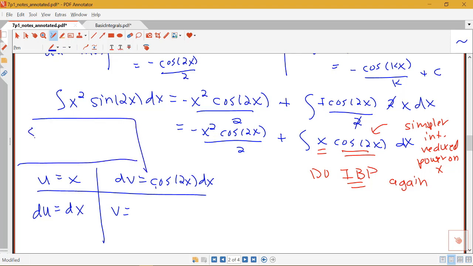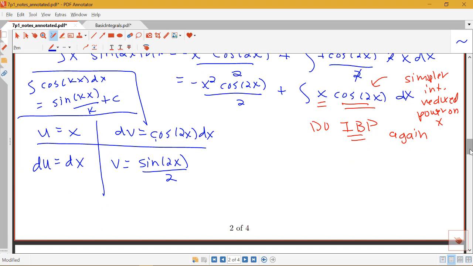Well, the integral of cosine of kx, just to give you another little rule to remember, is sine kx divided by k plus c. So this will be sine 2x divided by 2. We're not putting the plus c's in here for the v's. The plus c will become part of our answer at the very end.